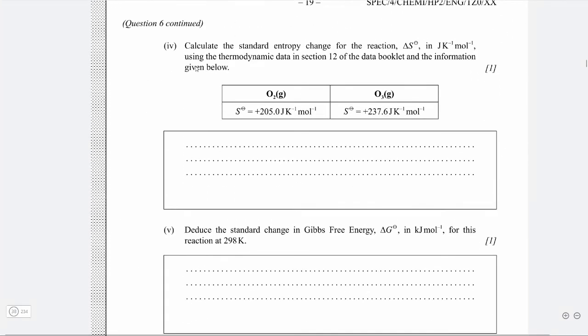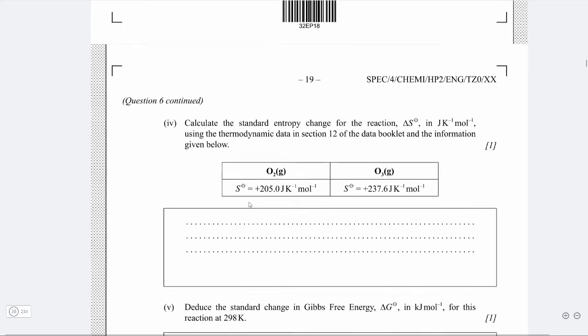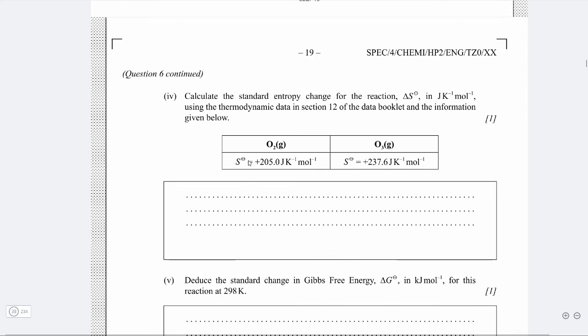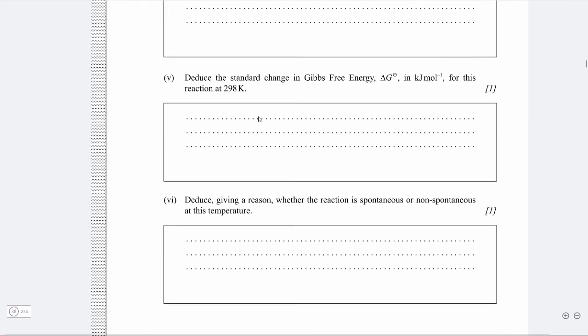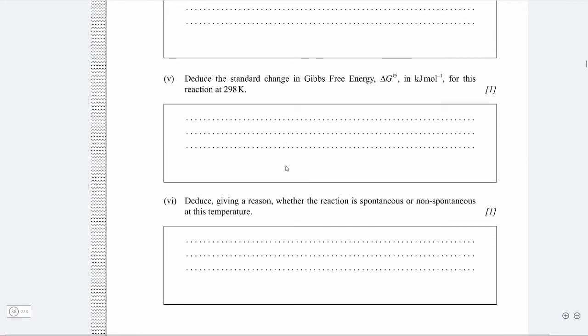Okay. Calculate the standard entropy change this time, using thermodynamic data. So it's the same procedure, but this time just use the values for entropy instead of enthalpy. And then you have the same type of calculation. The next one, change in Gibbs.